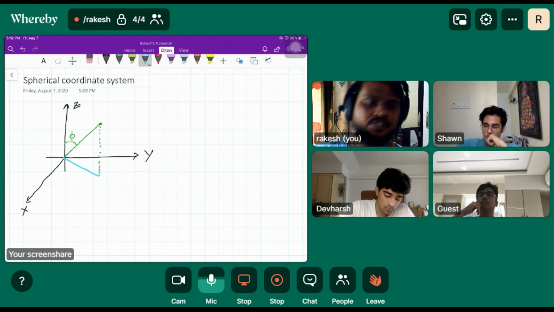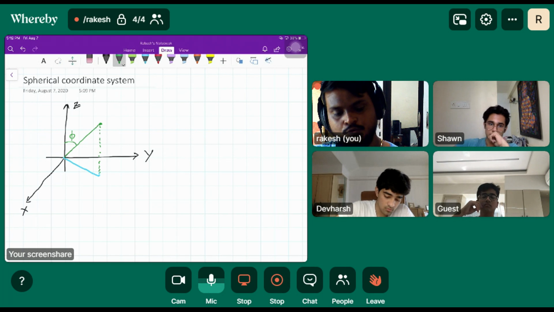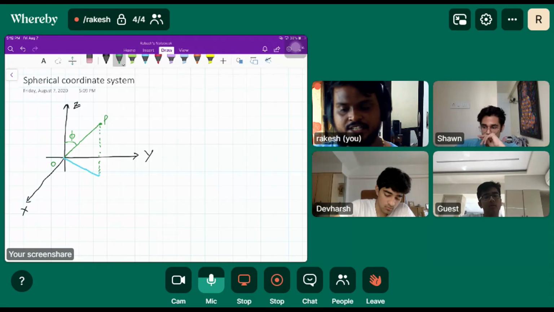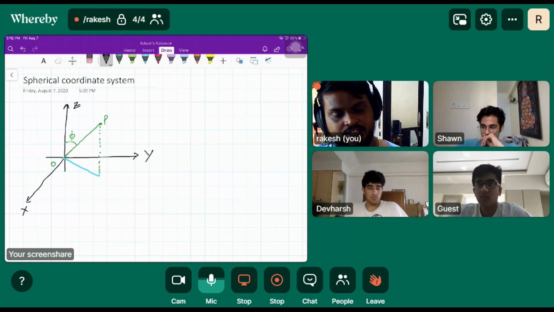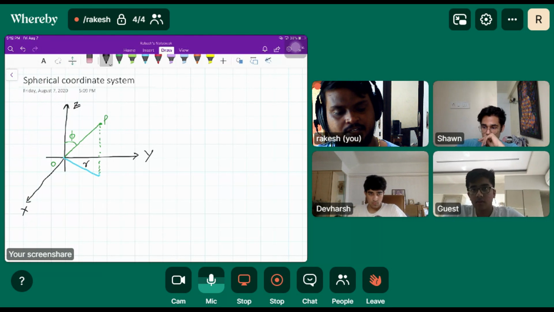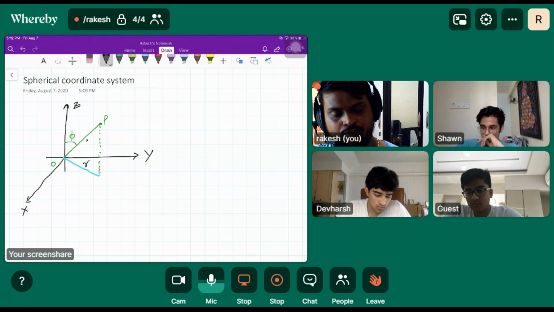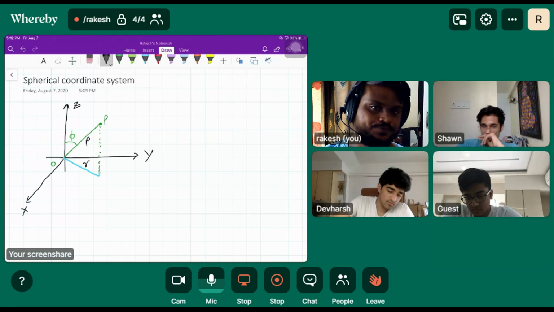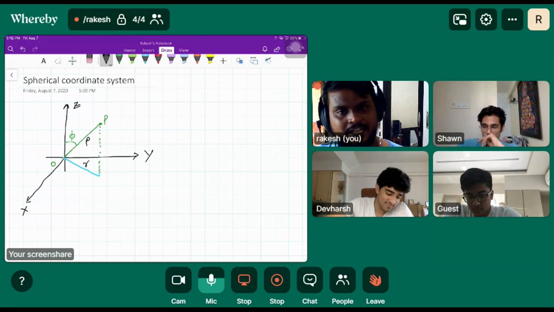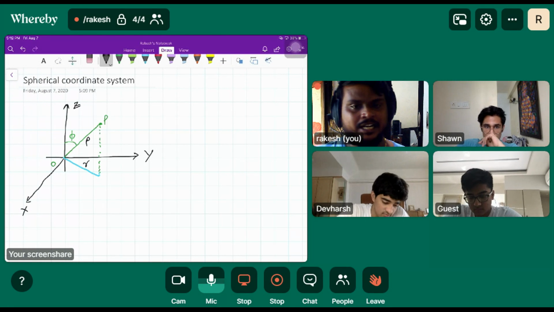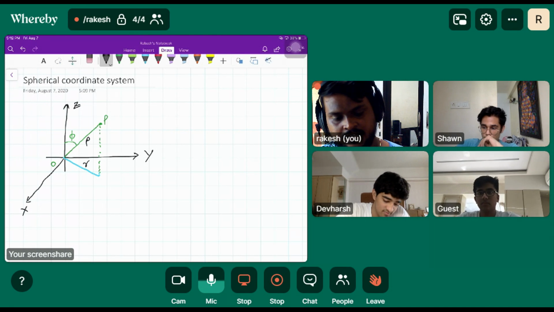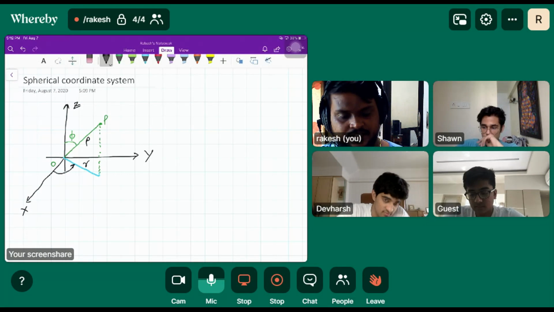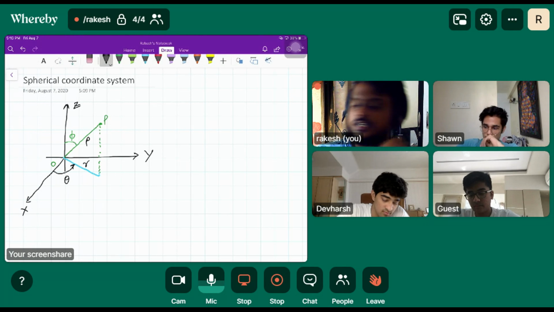The projection of this line OP is drawn on the xy plane, which is this. The length of this projection is denoted by r, and the length of OP is denoted by rho. The line r makes an angle theta with the x-axis. So this is the whole arrangement.